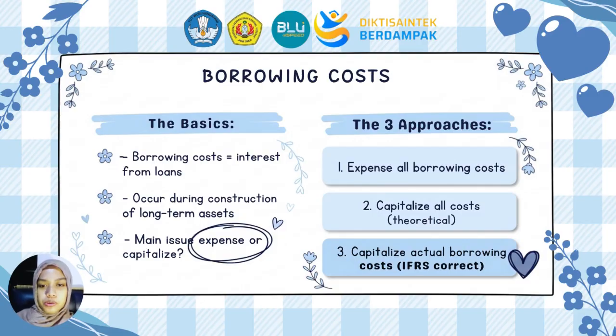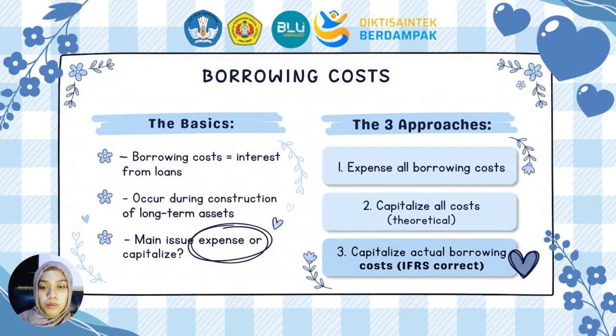So the main issue is this. Should we expense the borrowing cost right away, or should we capitalize it? That means adding it to the cost of the asset. If we expense it, the interest reduces net income immediately. If we capitalize it, the interest becomes part of the asset's cost and we depreciate it over time.